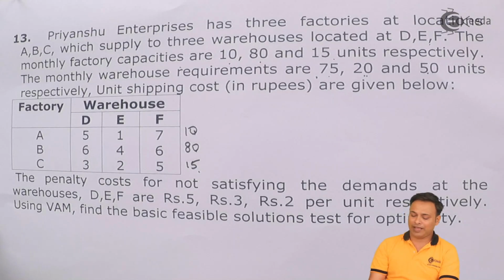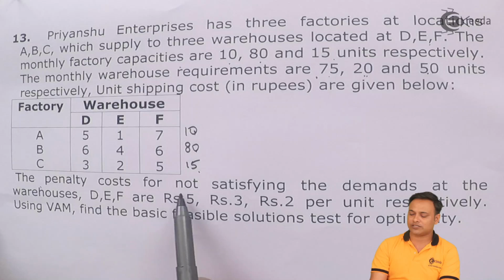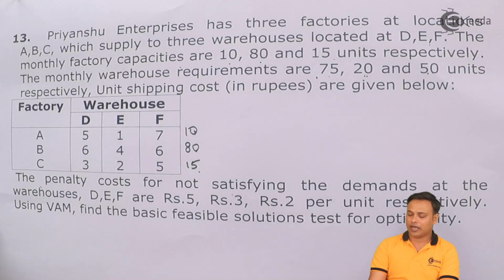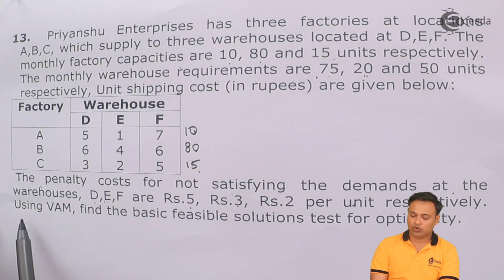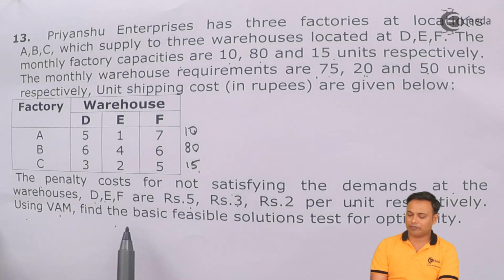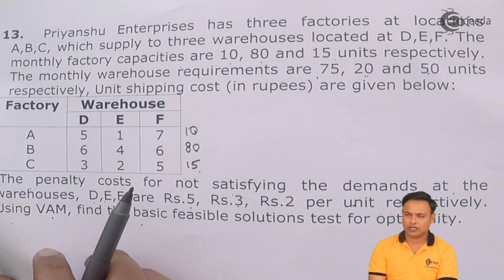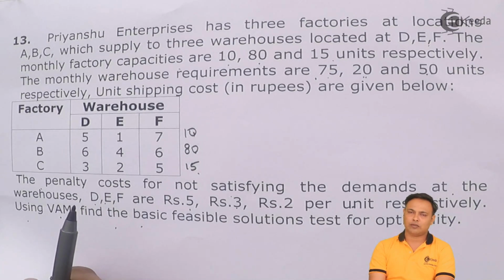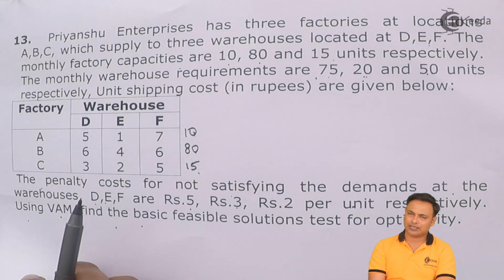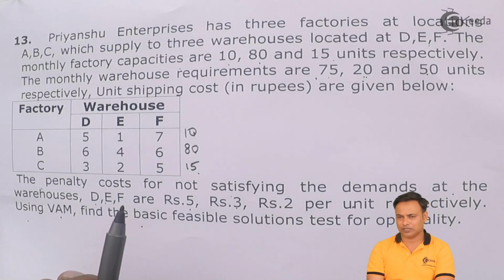Then we have a penalty cost for not satisfying the demands at the warehouses D, E and F at rupees 5, 3 and 2 per unit respectively. Using VAM, find the basic feasible solution. So that's our first part. Let's obtain the initial feasible solution by VAM method and then we can proceed further.